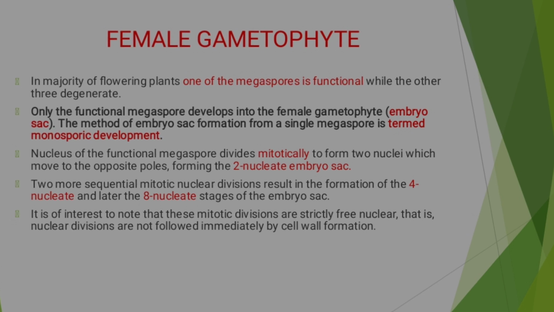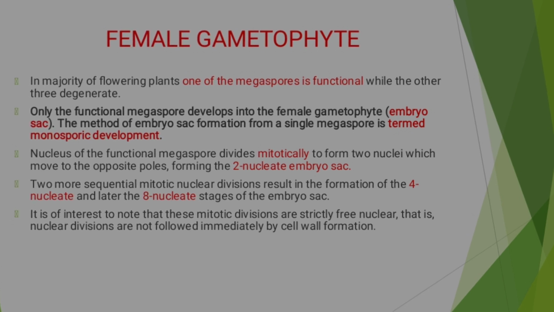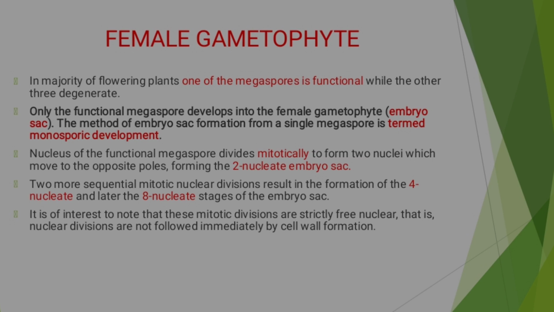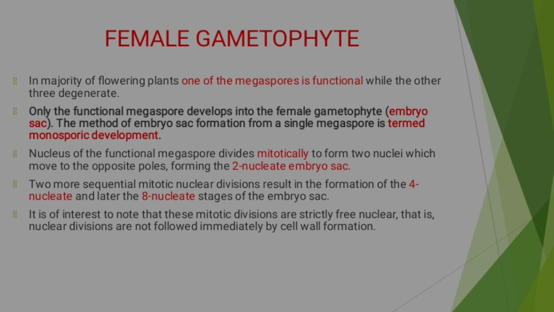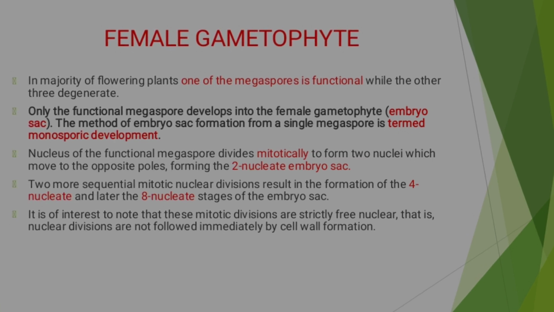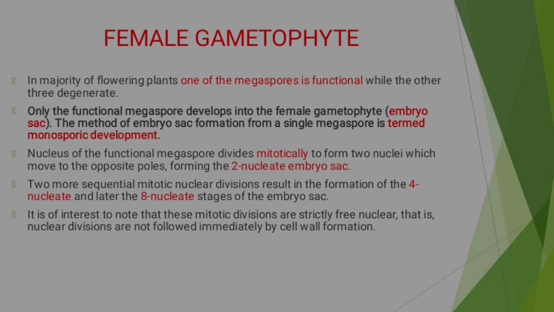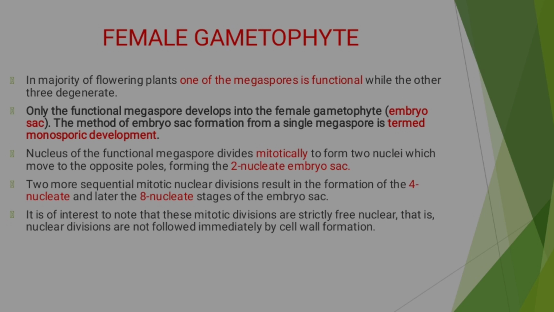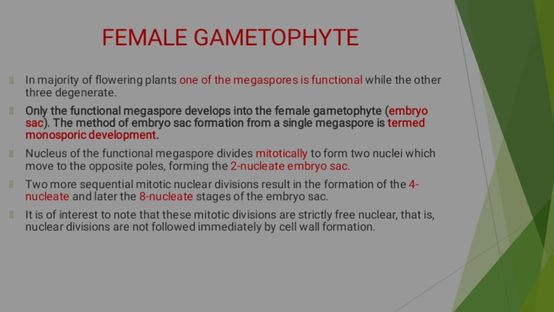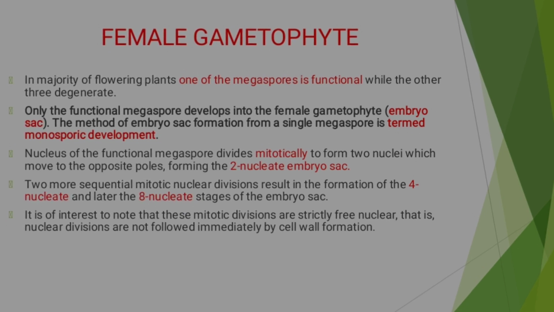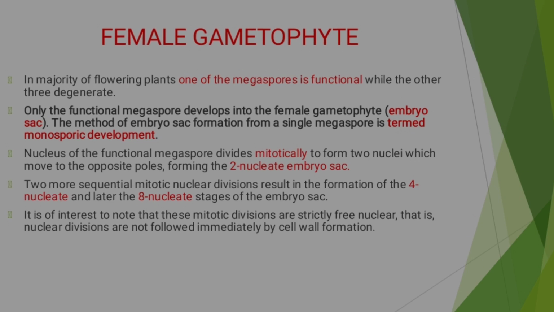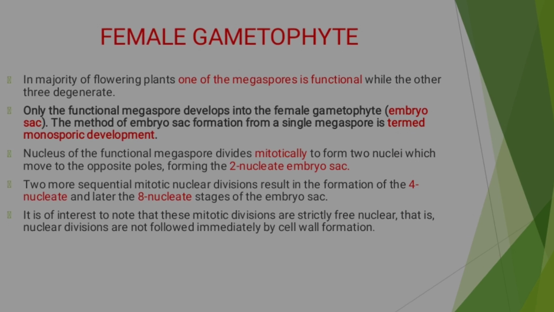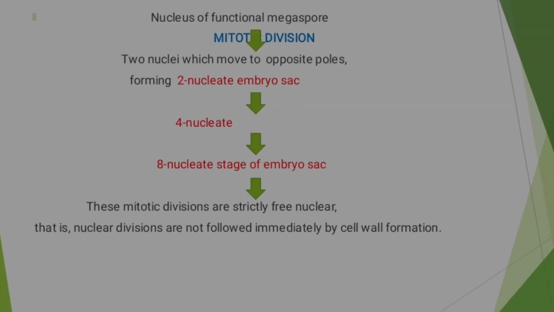The nucleus of the functional megaspore divides mitotically to form two nuclei, which move to the opposite poles, forming the two-nucleate embryo sac. Two more sequential mitotic nuclear divisions result in the formation of four-nucleate and later eight-nucleate stages of the embryo sac. It is of interest to note that these mitotic divisions are strictly free nuclear, that is, nuclear divisions are not followed by cell wall formation.